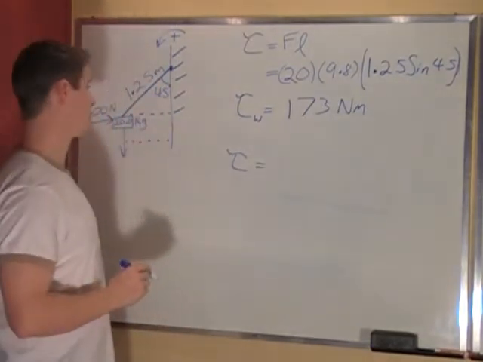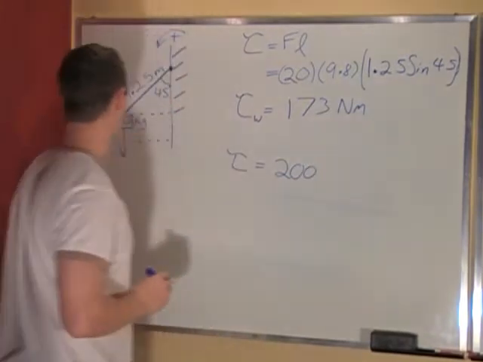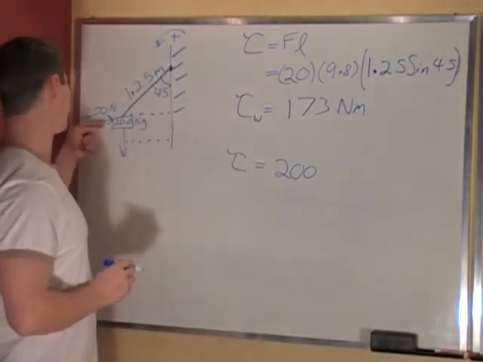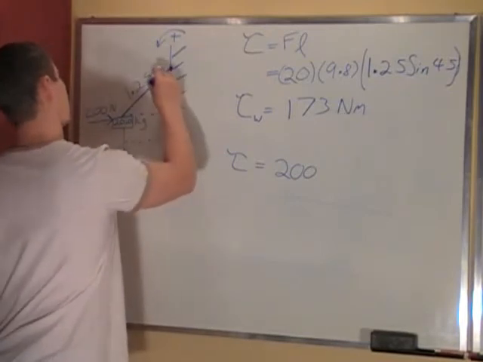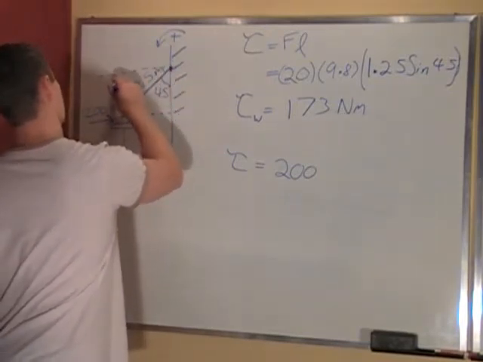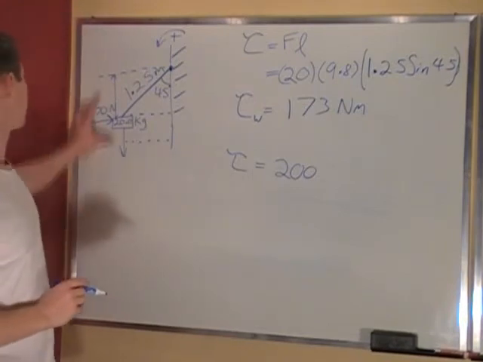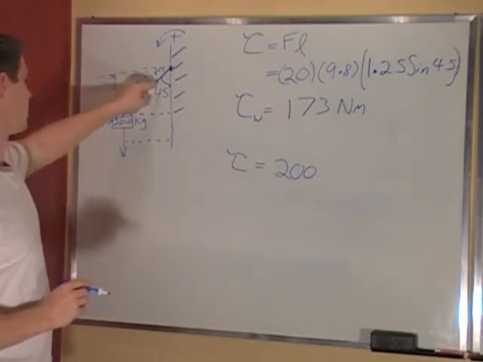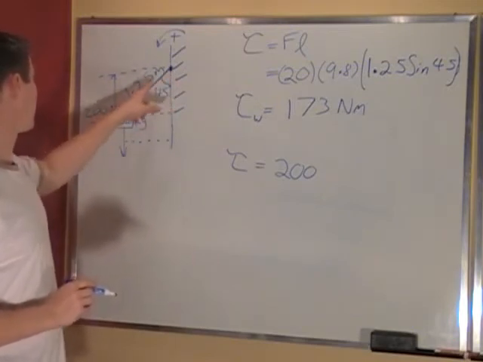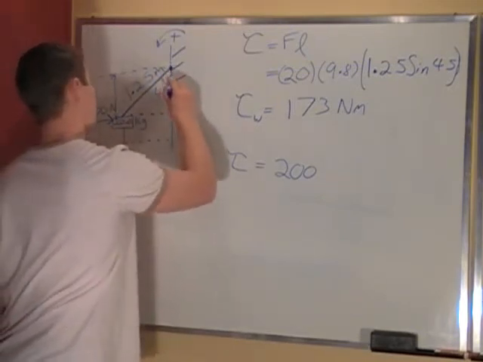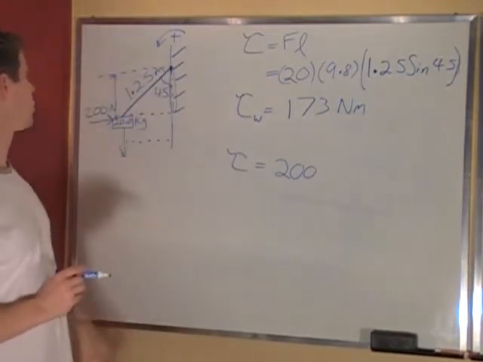So this is basically the same, except this time our force we know is 200, and our lever arm is going to be similar. This time the force goes this way, so our lever arm is this distance here. So we can see that this distance, knowing this is a 45-degree triangle again, if we look at this triangle here, that's going to be cos 45.